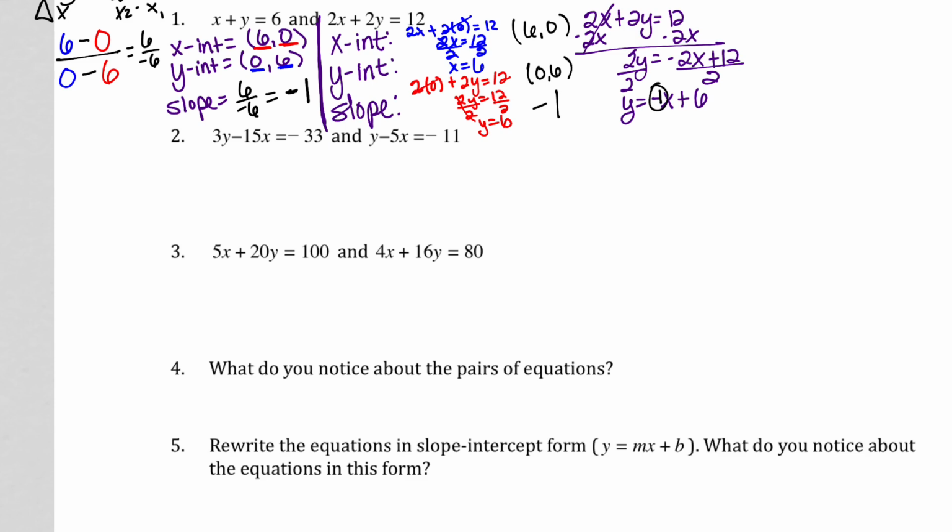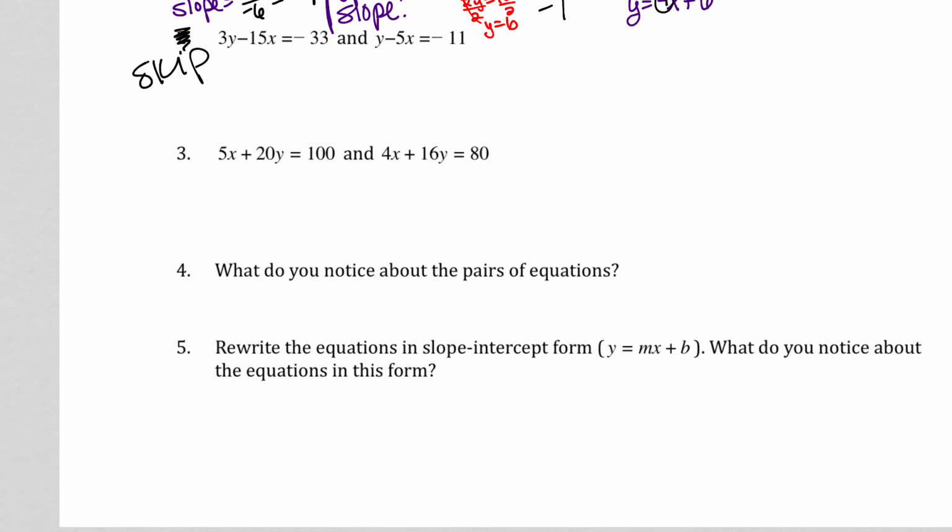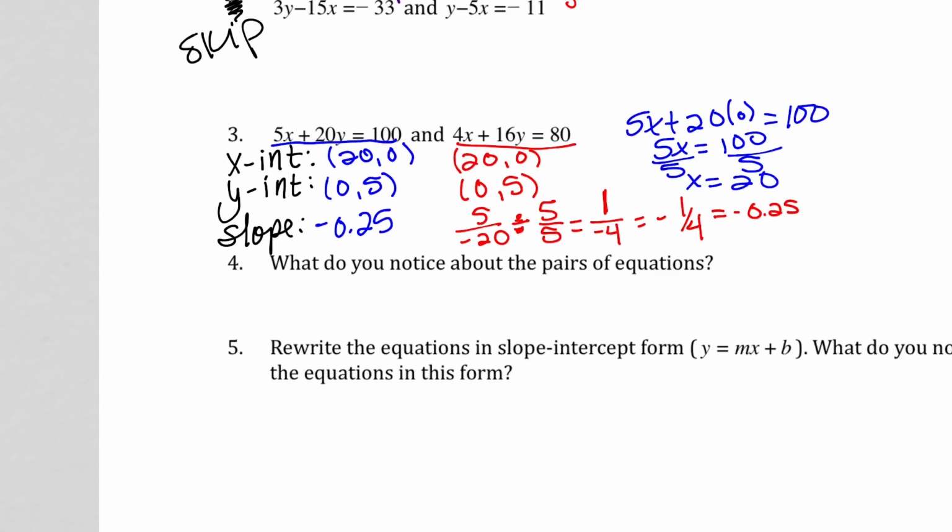Let's skip 2. Then let's do the next one. You should get the same thing on both sides. So what do you notice about the pairs of equations? They should be the exact same line.